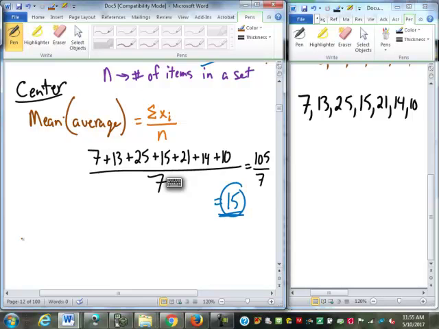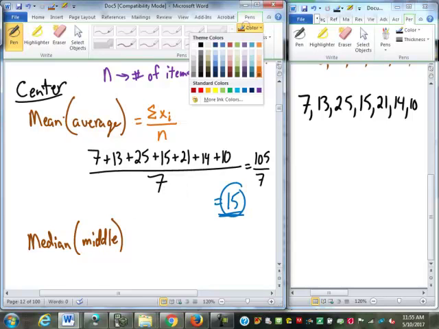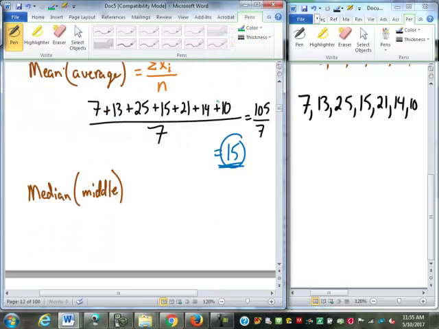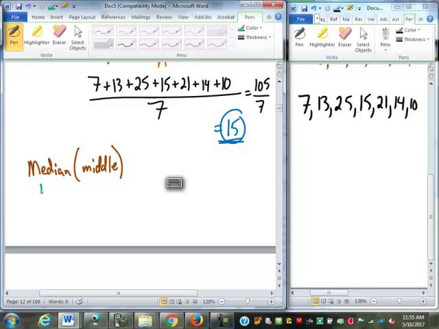Another measure of center, the second one we're going to look at, is the median. The median is the middle number. So to define the median, there's actually a couple of things we have to do. The first thing we have to do to find the median is to put them in order. So we put our numbers in order from smallest to largest.